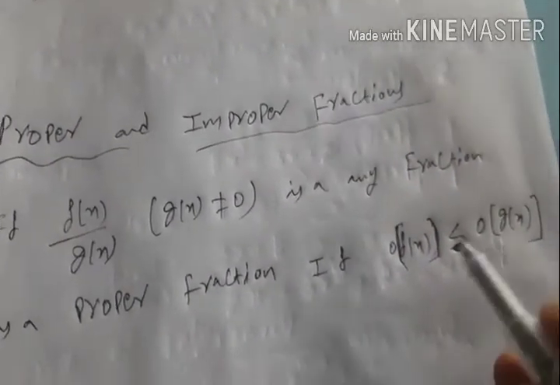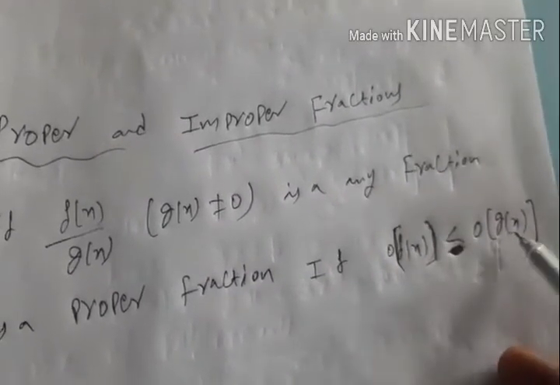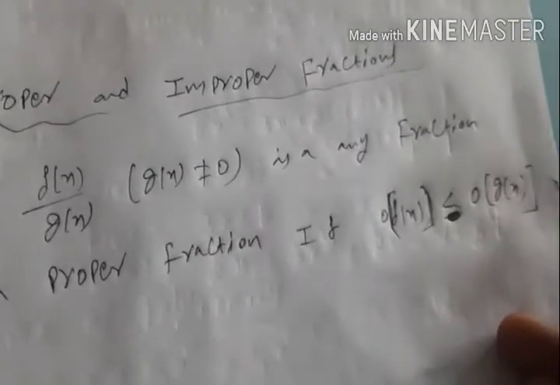That means the order of the numerator polynomial is less than the order of the denominator polynomial.